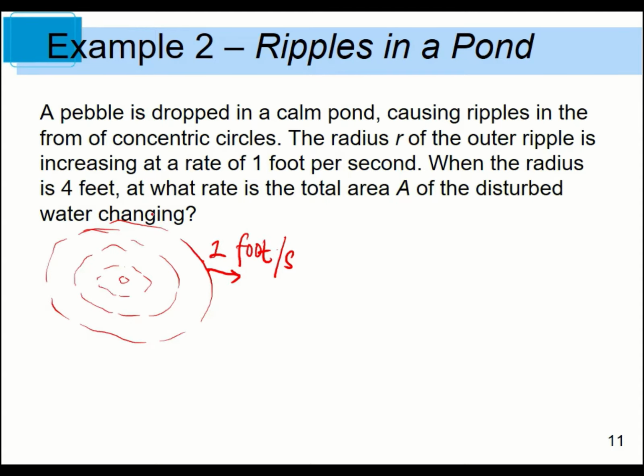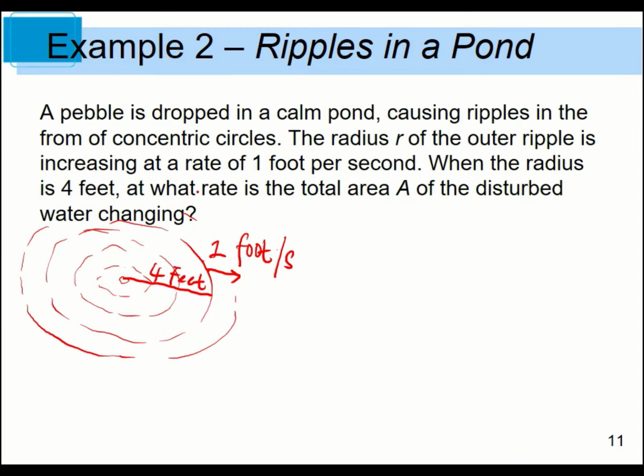Now, when the radius is 4 feet, at what rate is the total area of the disturbed water changing? So we can imagine the radius is now 4 feet. The ripples are increasing, so the area is increasing as well.